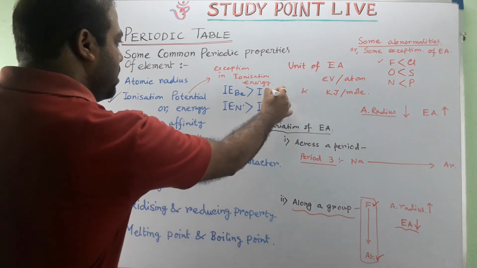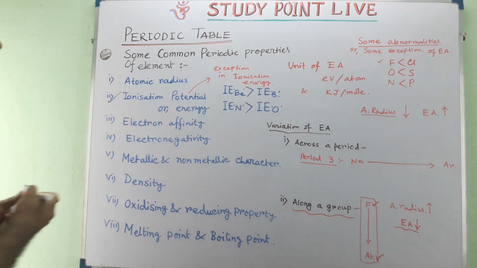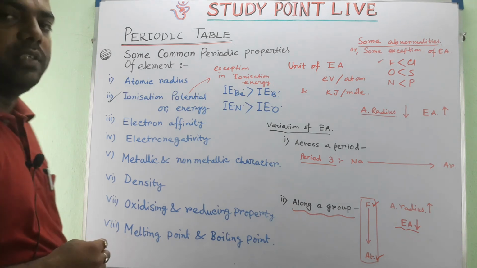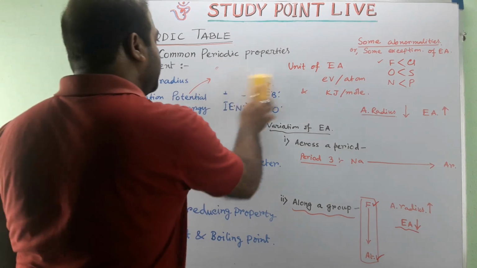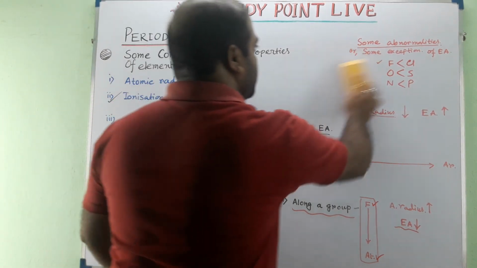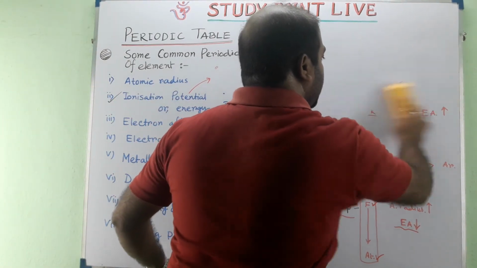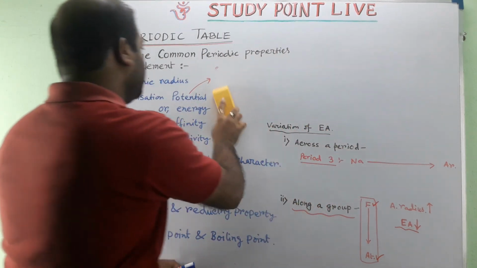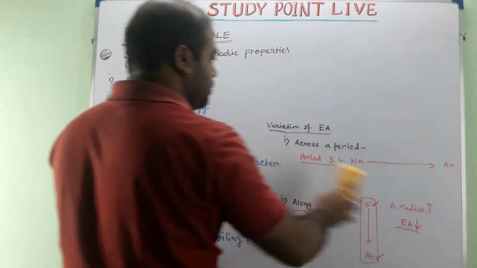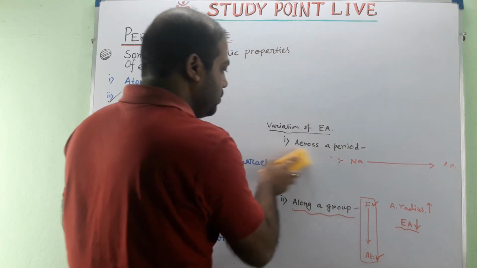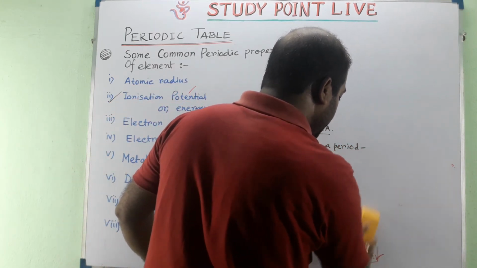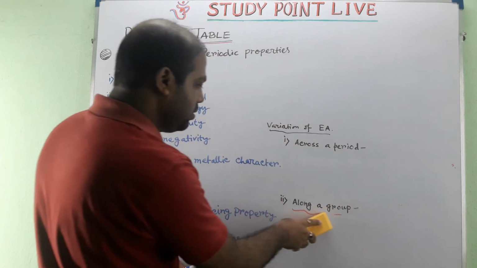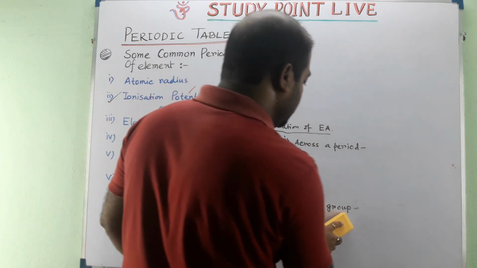Now we are going to discuss the next physical property, that is electronegativity. So what is electronegativity? Electronegativity of an element is measured in a molecule.